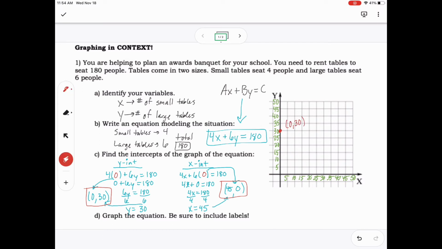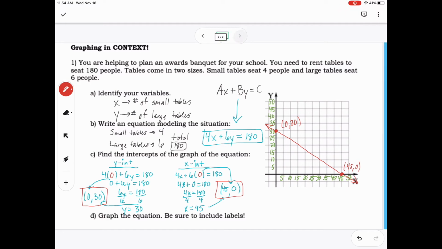Now I need to go along the x-axis, but the y value is 0, so I'm not going to go up the y-axis at all. So 5, 10, 15, 20, 25, 30, 35, 40, 45. And then my label. Okay, and then I draw my line. Okay, and that would be my graph.